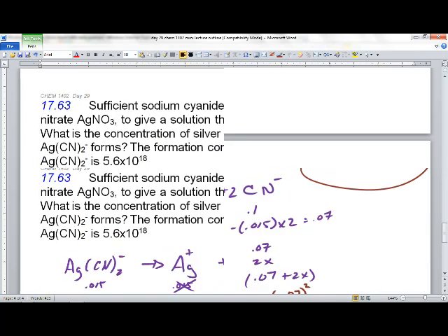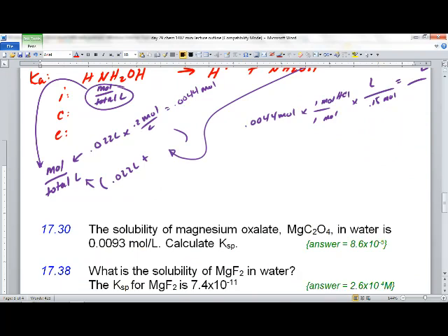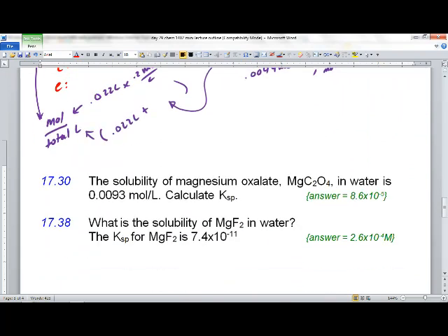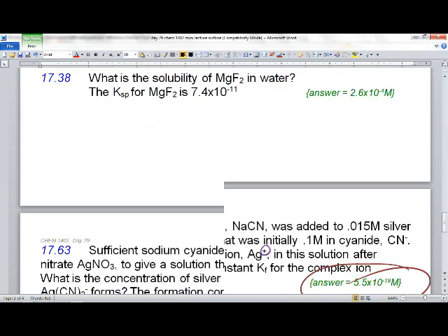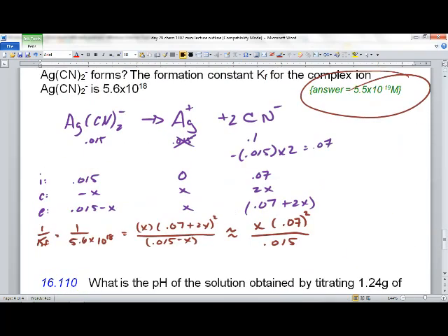Negative 19. Okay. Did you do this part? Take 1, divide it by 5.6 10 to the 18th, right? Take it times 0.015, divide it by 0.07 squared, and whatever you get is going to be your answer.